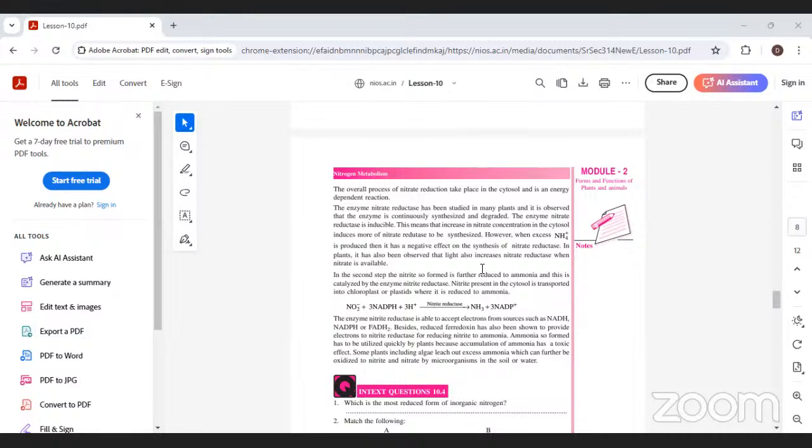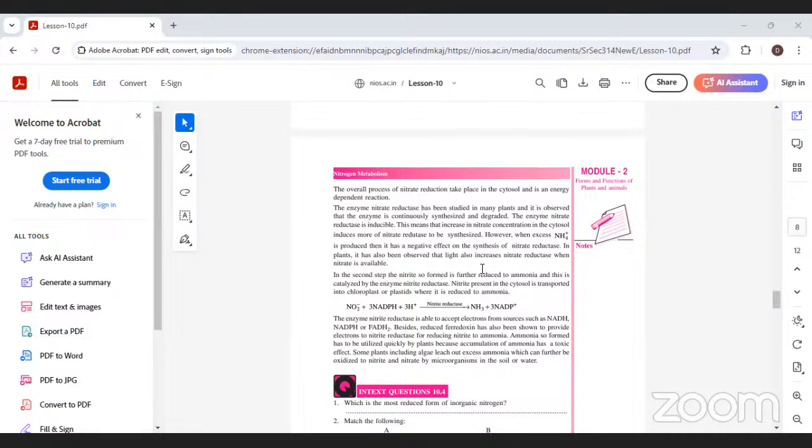Here the enzyme is able to accept electrons from sources such as NADH, NADPH, FADH2. Besides, reduced pyridoxine has also been shown to provide electrons for reducing nitrite to ammonia. Ammonia so formed has to be utilized quickly by plants because accumulation of ammonia has a toxic effect.